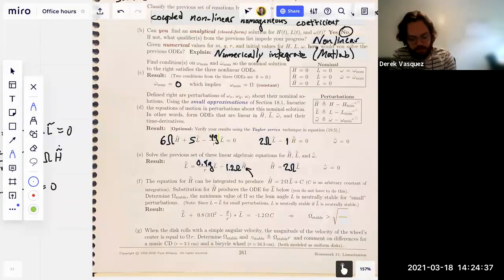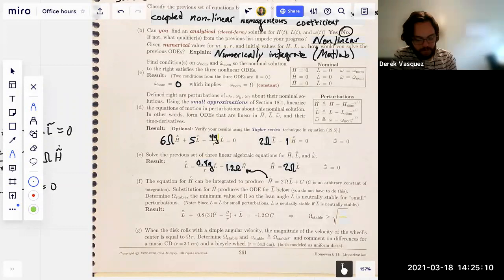So we plug this guy into there. Produces the ODE for L tilde, shown below. So to do that, determine omega, the stable omega, or the minimum value of capital omega, so that the lean angle L is neutrally stable for small perturbations.